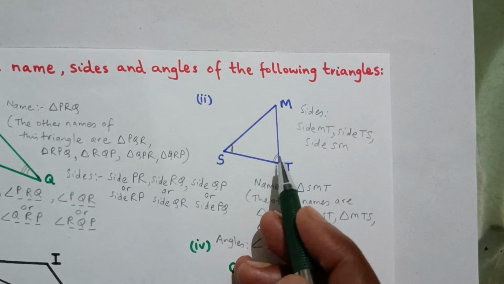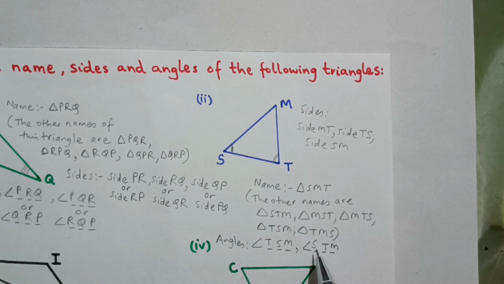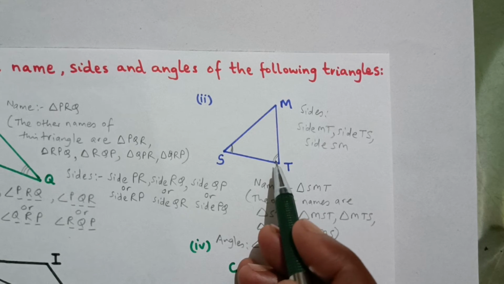Both will represent this angle. So this angle is angle STM, or angle MTS. So angle STM or angle MTS. That is this angle.